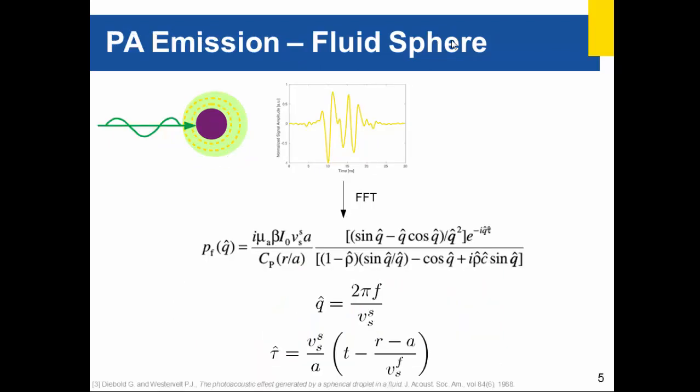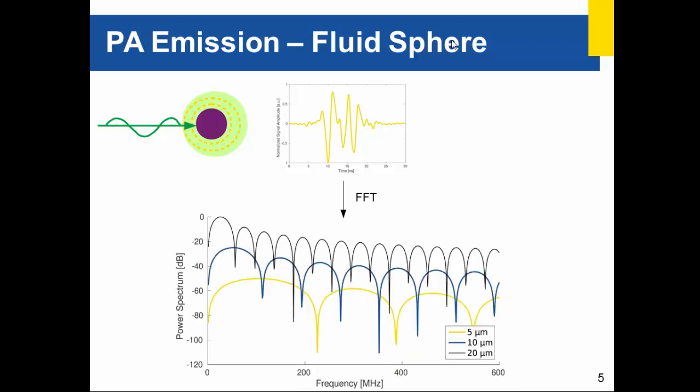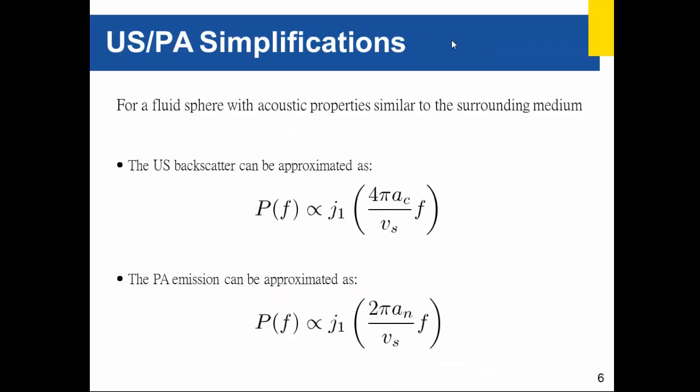The same type of equation also governs the scattering from a photoacoustic signal. If we take the FFT of the photoacoustic signal from the nucleus, we will see again the maxima and minima in the power spectrum, and again the distance between the adjacent maxima and minima depends on the scatterer size. We can simplify the previous very complex equations in the case of a fluid sphere, which has acoustic properties very similar to the surrounding medium.